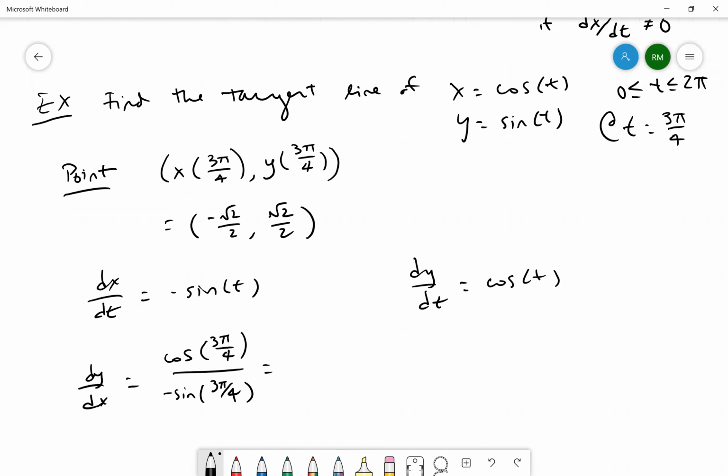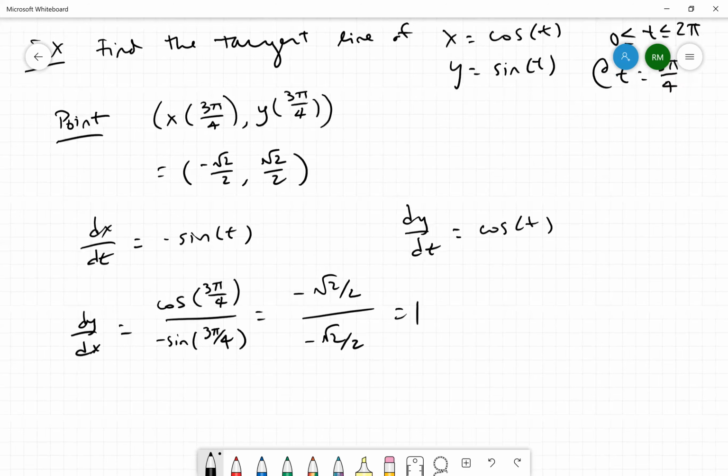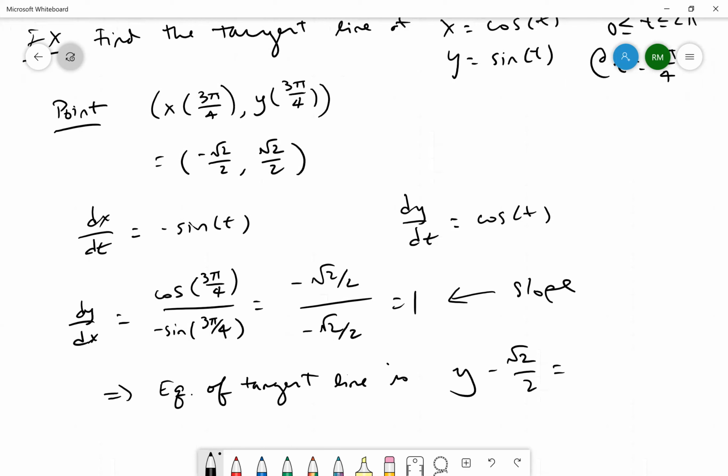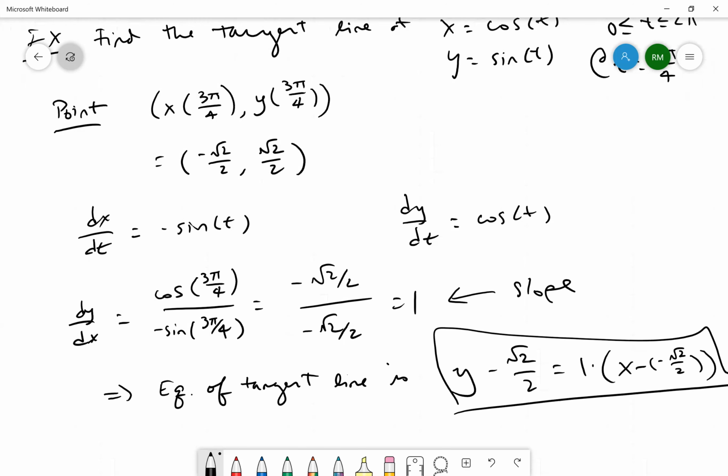And I think what you'll find is this is negative root 2 over 2, and the bottom is also negative root 2 over 2. So you get a slope of 1 for your tangent line. And this tells you the equation of the tangent line: y minus root 2 over 2 is 1 times x minus negative root 2 over 2. And that's the equation of our tangent line.